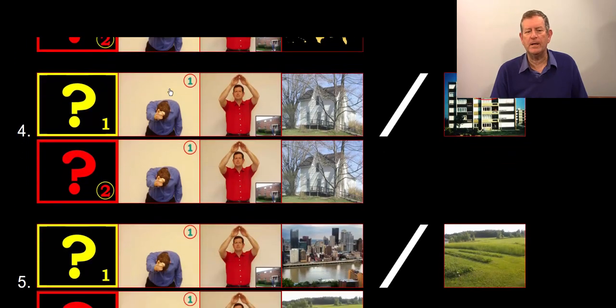Let's try number 4 here. How would you form this question? This symbol represents the word or. Or, it means we have an option between two possibilities. How do you say this? Or, okay.